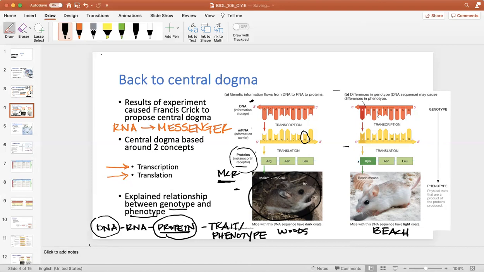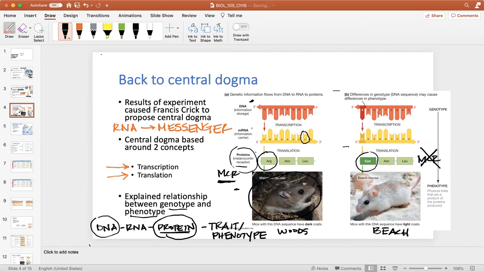This mRNA molecule is then translated into a different series of amino acids. Notice this amino acid here is a cysteine, and that's different than this amino acid here, which is an arginine. What that does is it results in a non-functioning melanocortin receptor. And ultimately, that means that pigment does not get made in a proper amount.